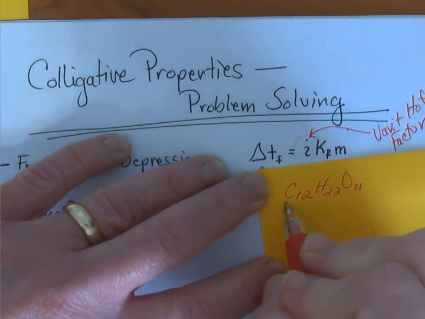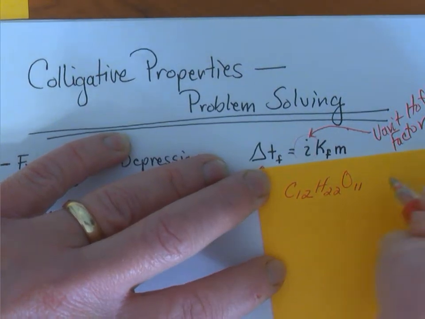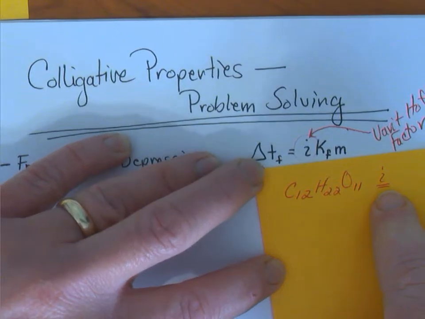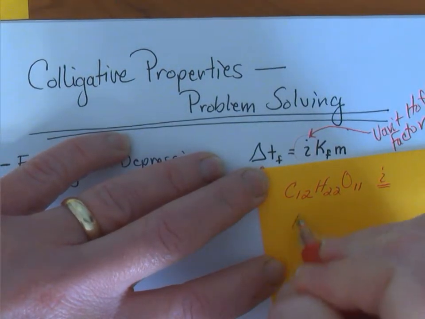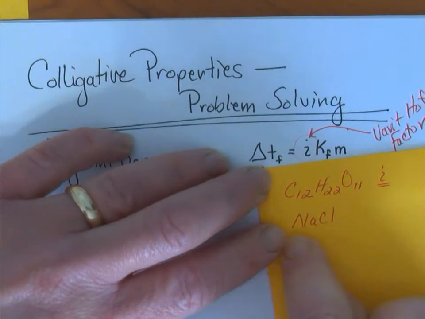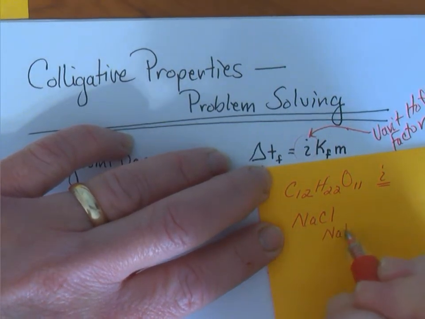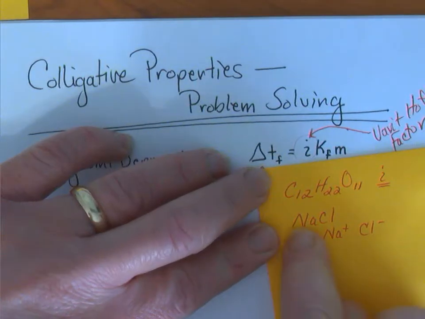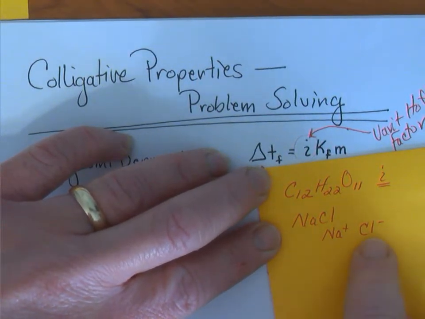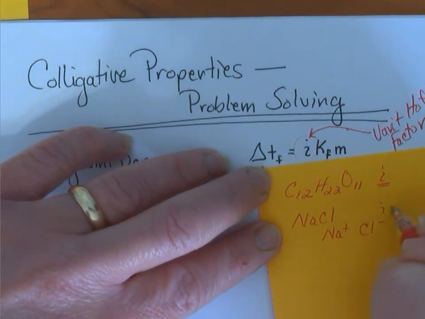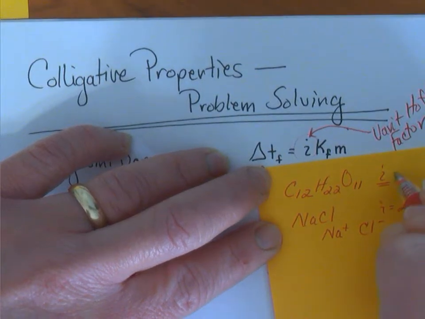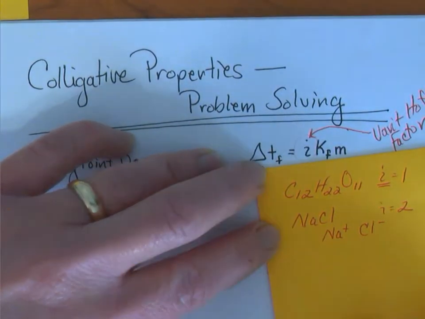For every one solute particle, you get one solute particle. However, sodium chloride, now that ionizes in water to create separate sodium and chloride ions. And for every one of these, we get one sodium and one chloride. So the i value is 2 for sodium chloride, but only 1 for sucrose.